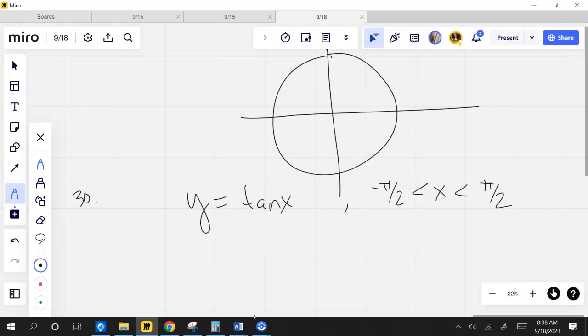What quadrants am I talking about? 1 and 4. I'm here and here because this would be negative pi over 2. This would be positive. Remember, negative goes the opposite direction, right? So I'm talking about the two right quadrants here.